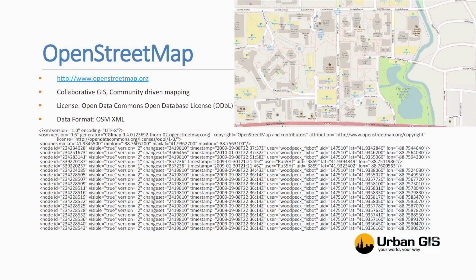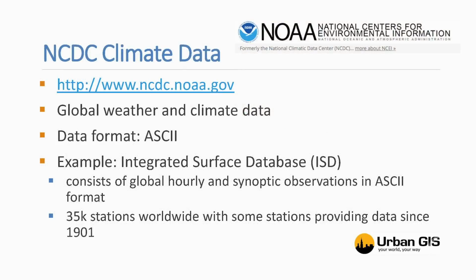This data is available. You can download it in XML format, and I know that CAD can actually import this without any processing. But this is a way to get all sorts of information, building footprints, stuff like that, complete with all that attribution attached to it that may not be available otherwise.